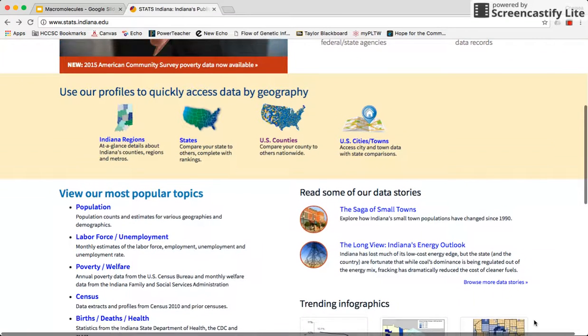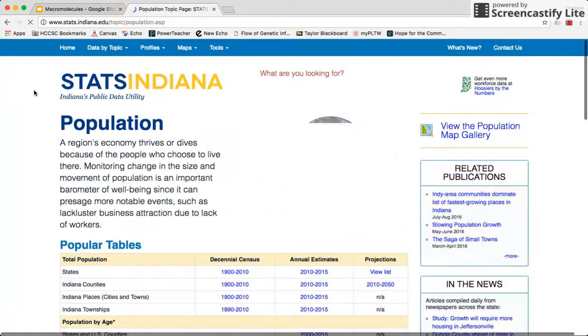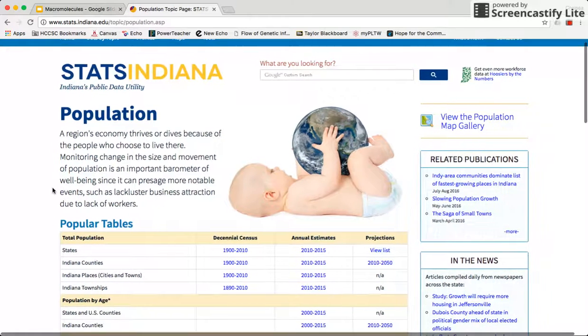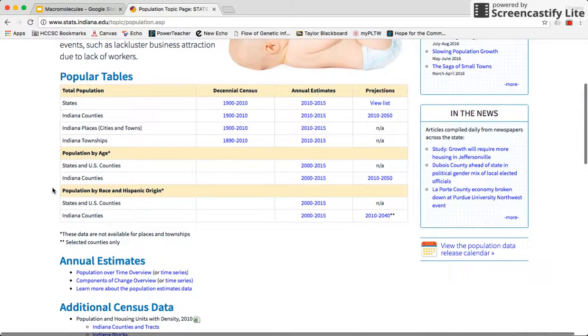So you can look and see down here that there are popular topics of data that people look for. So these are going to be your broad categories of what you're going to be looking at first. So first, if you go to population, we want you to look at the population for the county by age and race.